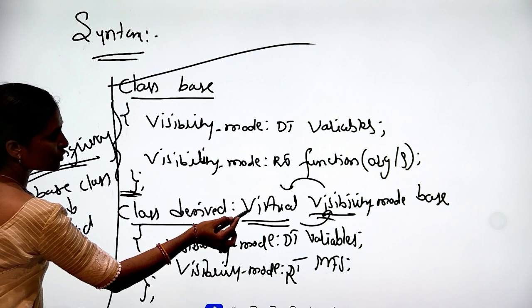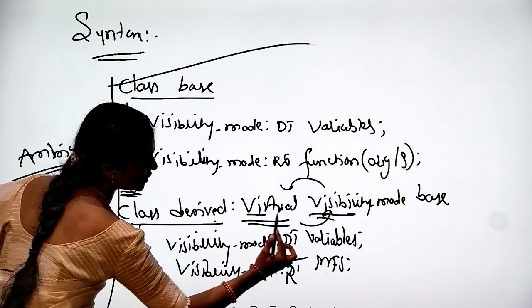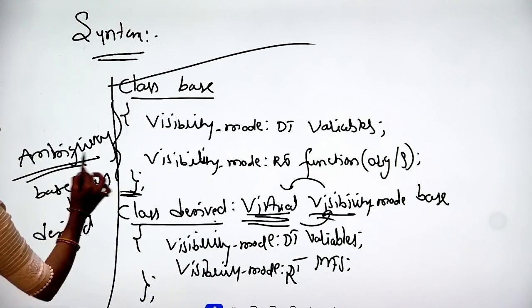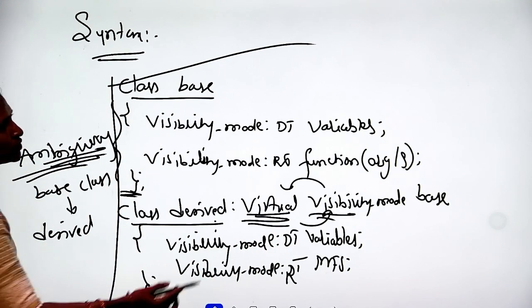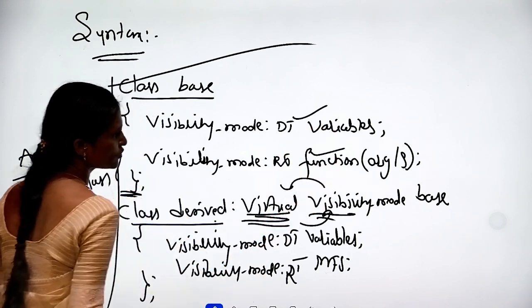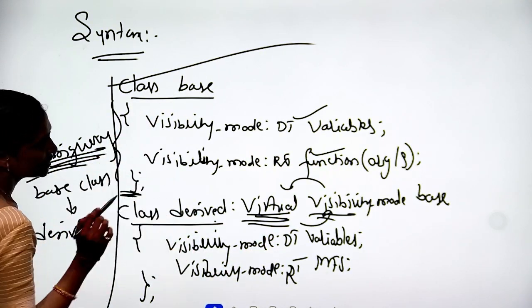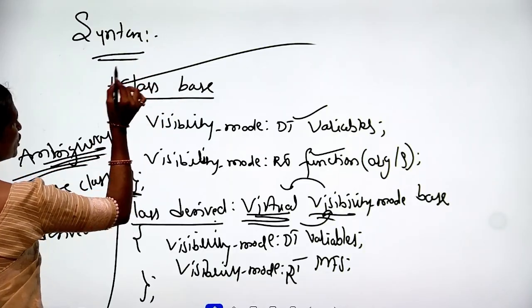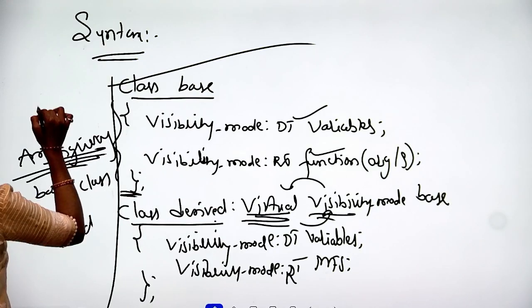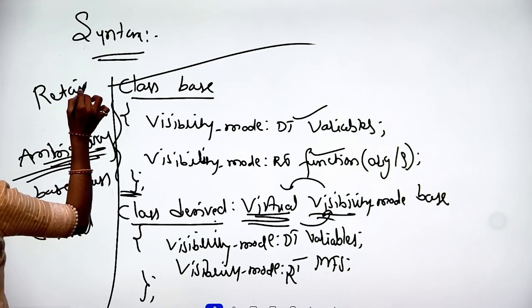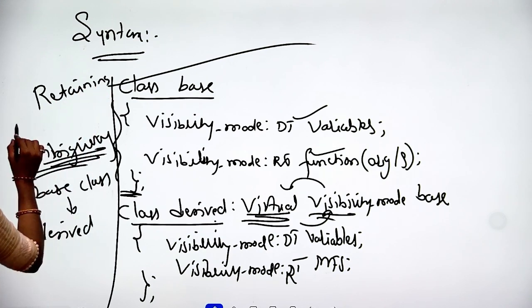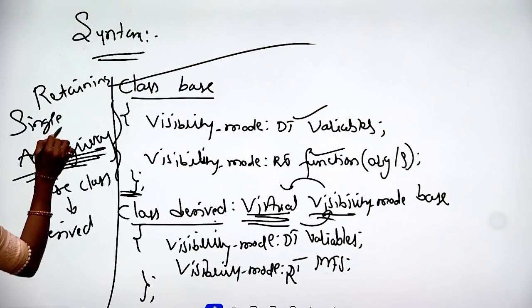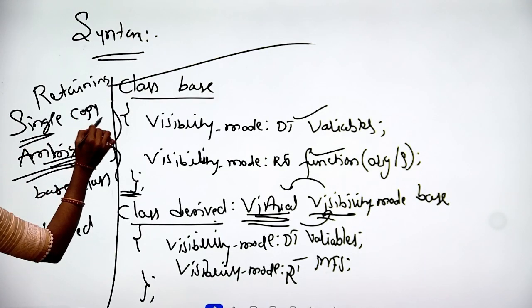Whenever you derive from the base class, you write the keyword virtual. What is the use? To resolve ambiguity for the data members and member functions present in the base class. The main purpose of virtuality in inheritance is retaining a single copy of the multiple, so that you can resolve the ambiguity.